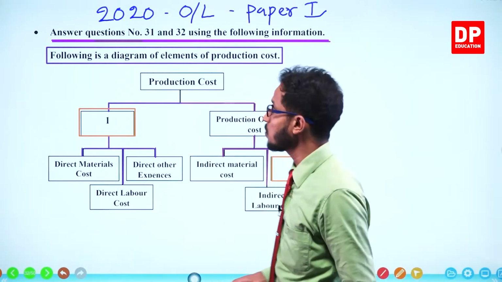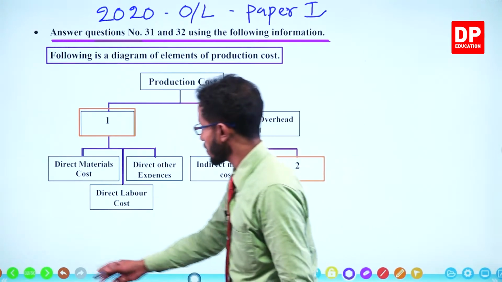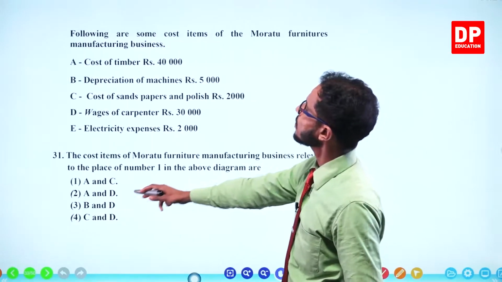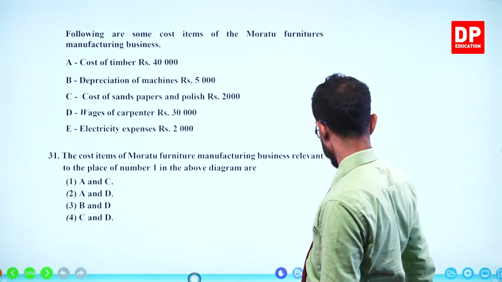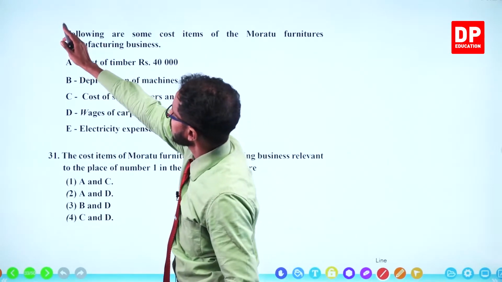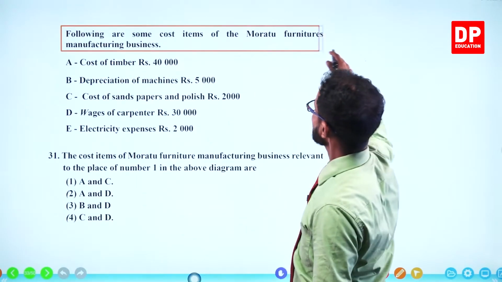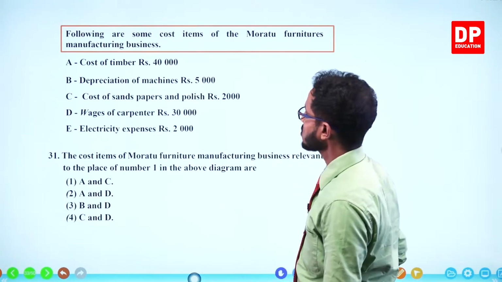All right, now we'll see what they're asking us. Following are some cost items of the Moratu furniture manufacturing business. We have A, cost of timber.